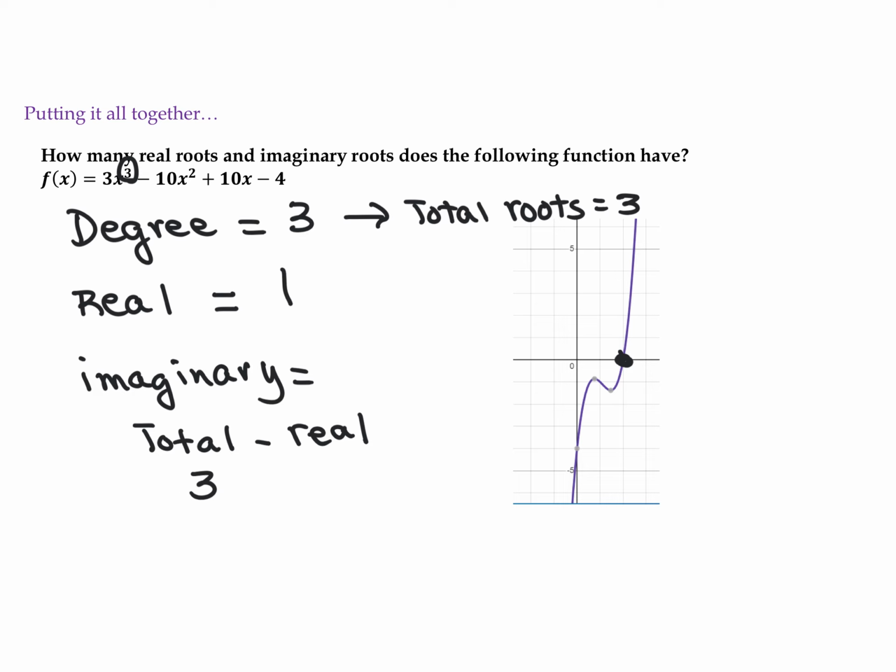We're going to subtract the number of real roots, which is 1, which gives us 2. So in this particular graph, we have 1 real root and 2 imaginary roots.